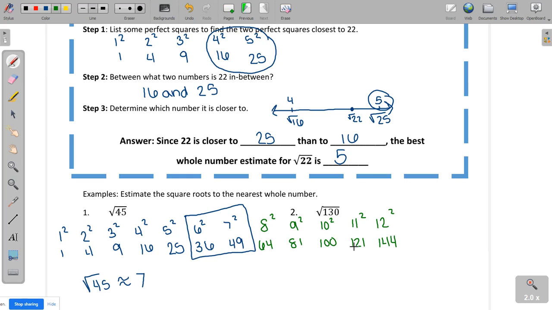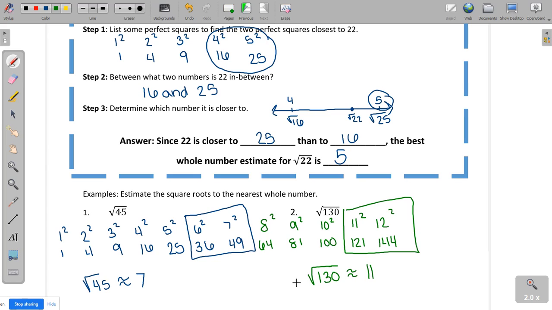So 130 is in between these two values. Now we need to see if 130 is closer to 121 or 144. It is closer to 121. So the square root of 130, its estimated value is going to be 11.